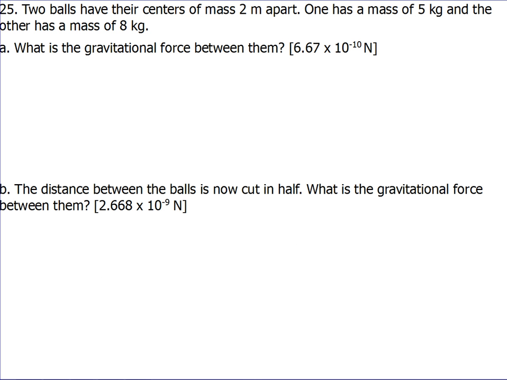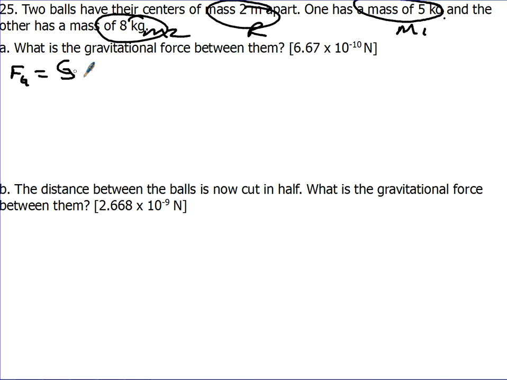Two balls have their centers of mass 2 meters apart. One has a mass of 5 kilograms. The other has a mass of 8. What's the gravitational force between them? Okay, I don't have a lot of room, so I'm just going to do my givens up here. M1, M2, R. So Fg is G M1 M2 divided by R squared.